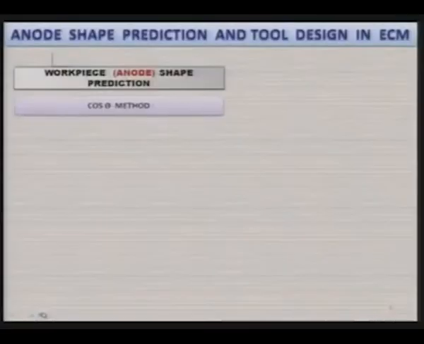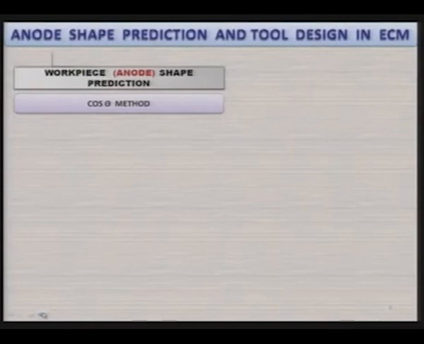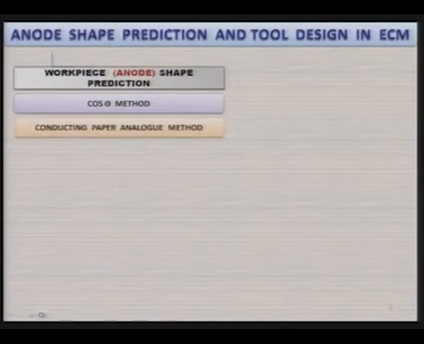So, there are various methods that have been proposed by various researchers for workpiece, that is the anode shape prediction. First one was proposed by Tipton, and that method is known as the cos theta method, a very simple useful method. Second one, the conducting paper analog method, which is more of experimental nature. Then the Production Engineering Research Association UK proposed a method for anode shape prediction.